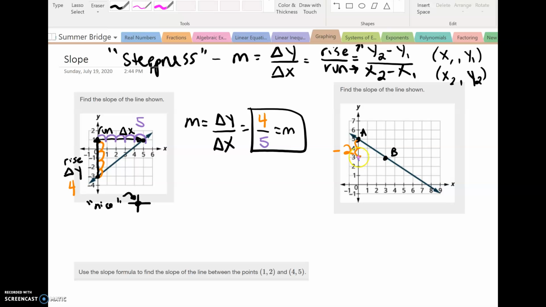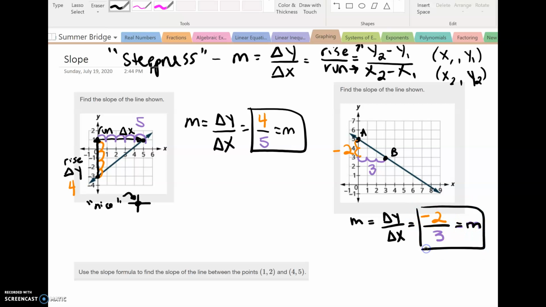And I'm going 1, 2, 3 units to the right. That is still going to the right, so I am not changing that, which means my slope, which again is my change in Y over my change in X, is going to be -2 because I'm going down 2 units over, I'm going right 3 units. So my slope here is -2/3, okay?